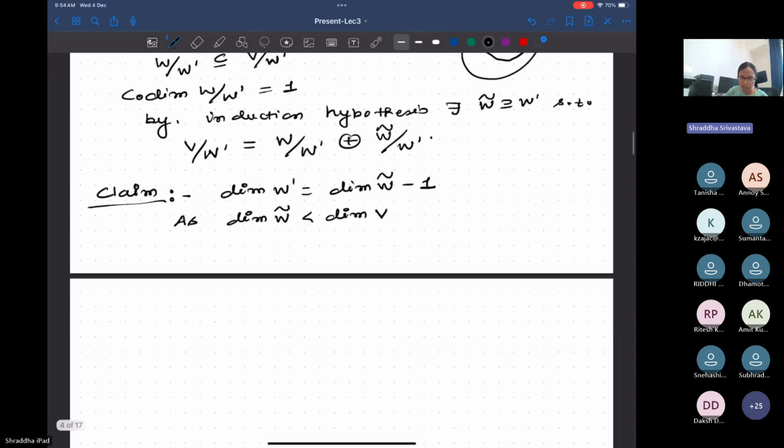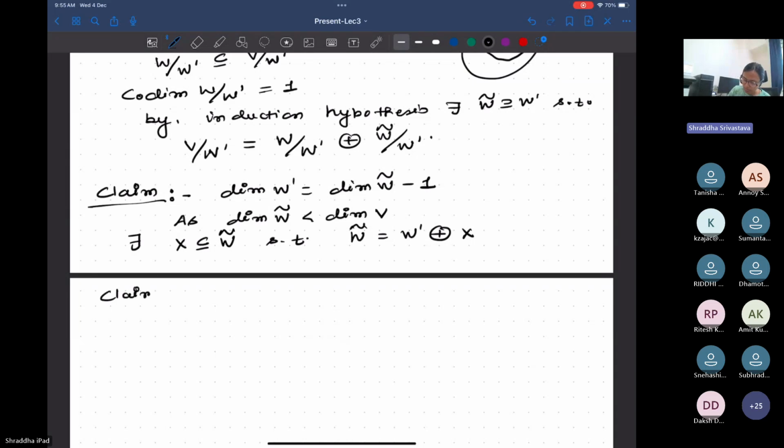So there exists some sub-representation X of W tilde such that W tilde is W prime direct sum X. This is again due to the induction hypothesis. And now I am saying that in this case we are done. The claim is that V is actually W direct sum X.